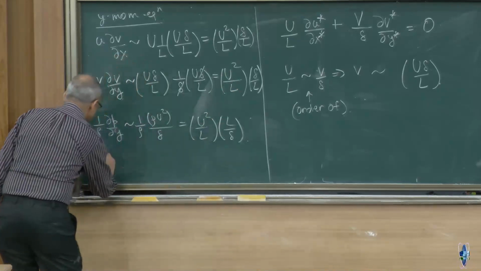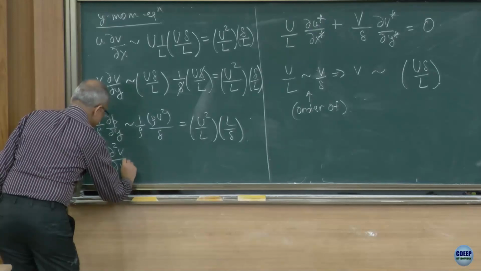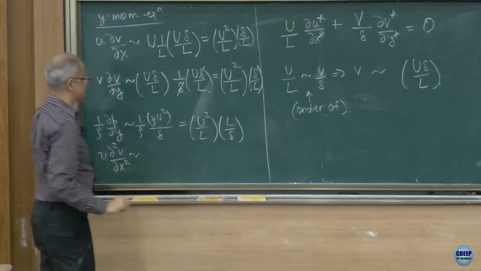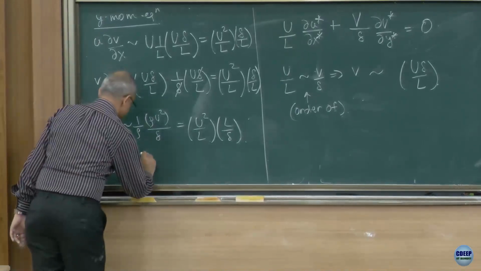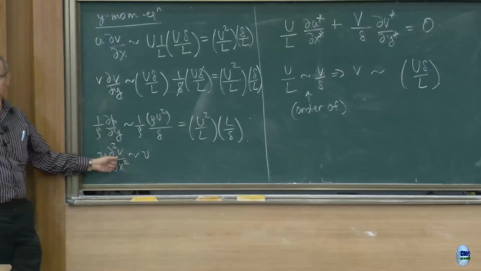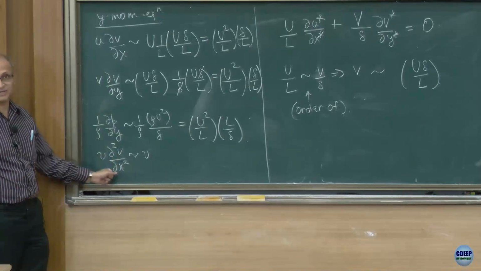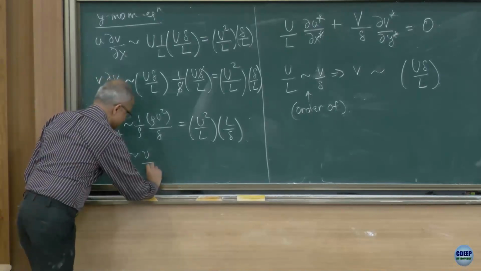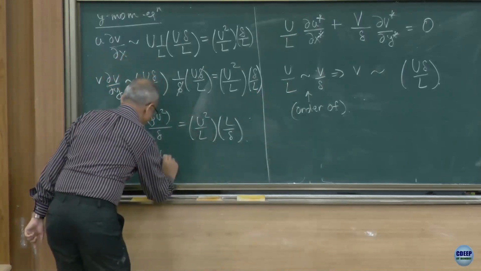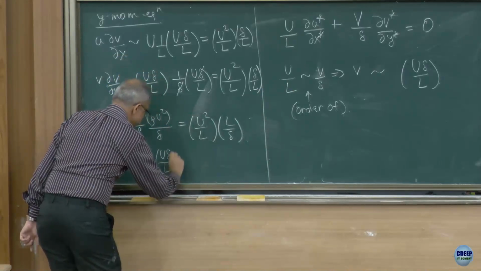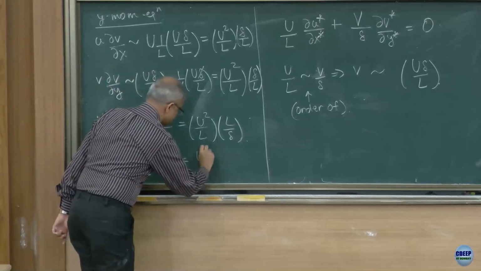Now let us look at nu times d2v dx2. What about this term? Tell me. Nu times v is going to scale as maybe 1 upon x square, which will scale as L square. So let us do that first. And then this v is going to scale with u delta upon L. So let us again make u square upon L common.